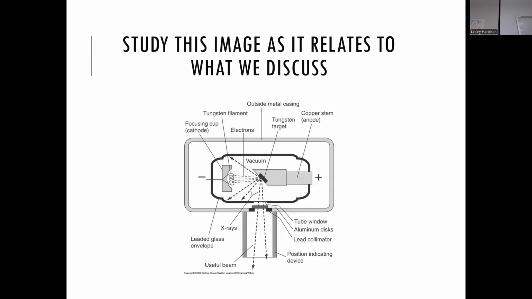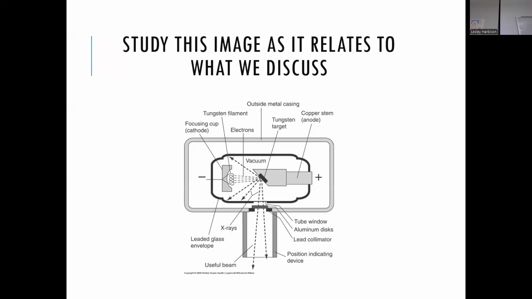So put negative somewhere and put cathode. Cathode is always going to be negative. The electrons are always generated on that side. Those are some big points that you're going to want to remember.